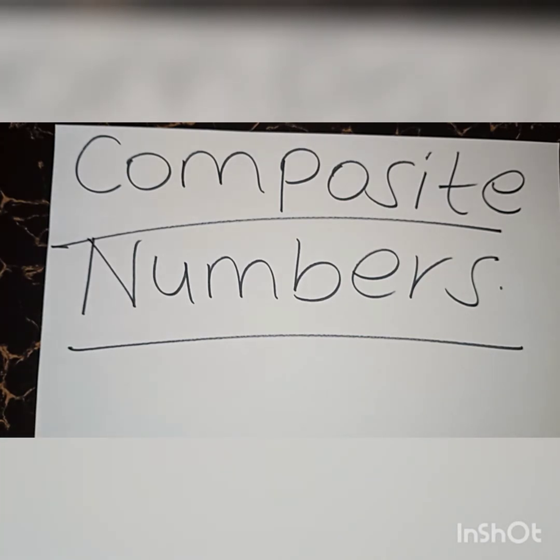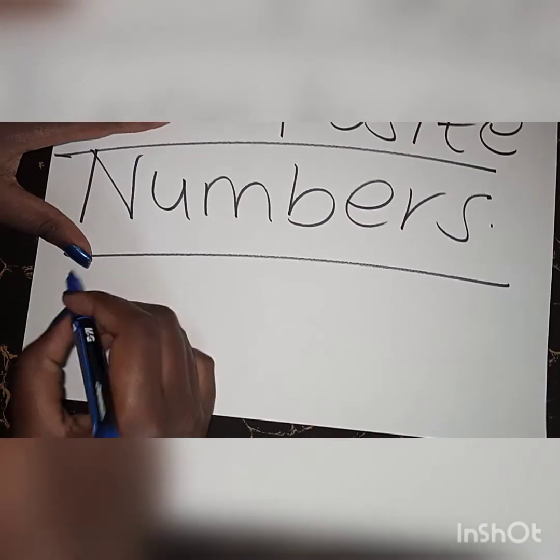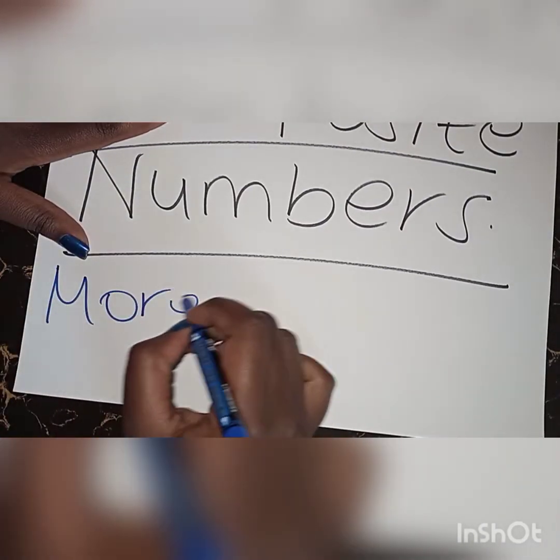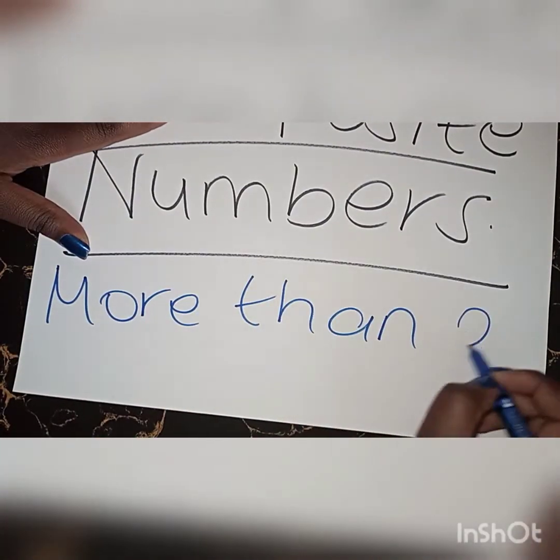We covered the topic on prime numbers in our last video, and we said that a prime number is a number that's only divisible by 1 and itself. A prime number, we said, has only two factors. But a composite number is a number that can be divided exactly by more than two factors. Okay? So a composite number has more than two factors.